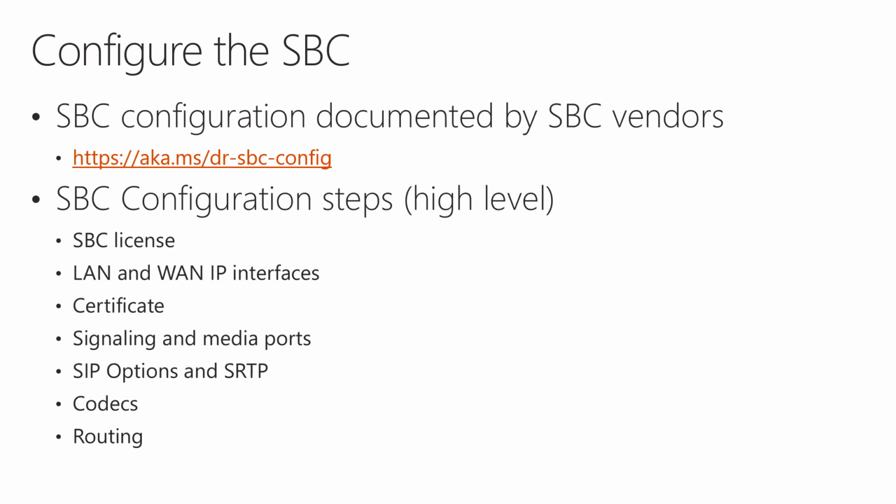And finally, the routing that is necessary to route the calls from the Teams environment to the PSTN, from the PSTN to Teams, and to any other telephony components that you are interconnecting with the session border controller.